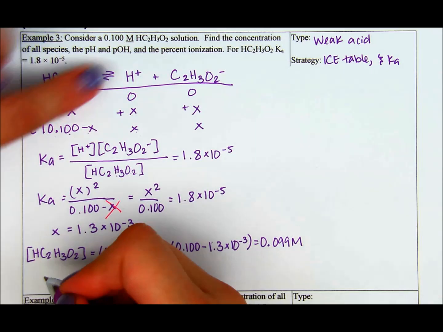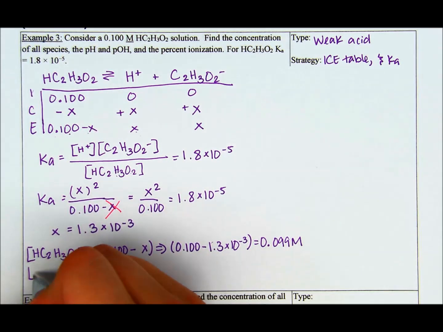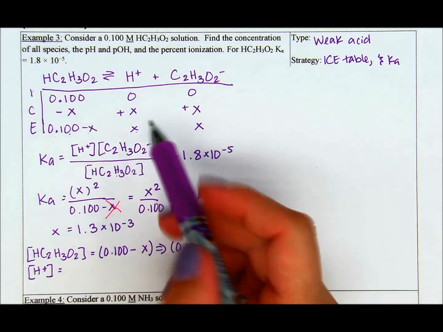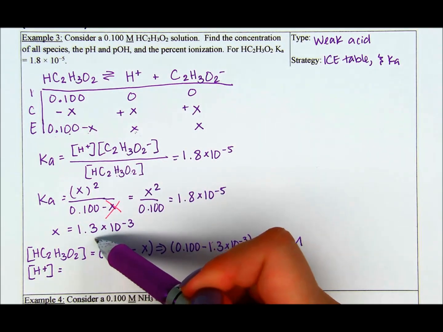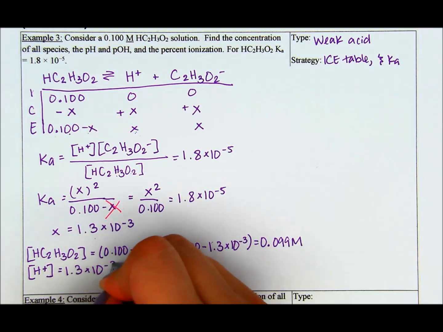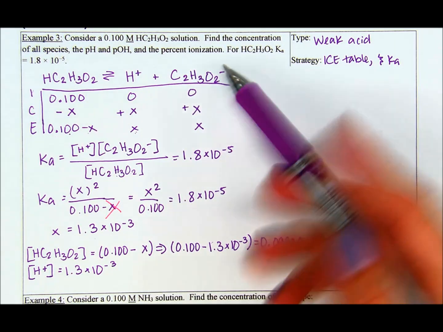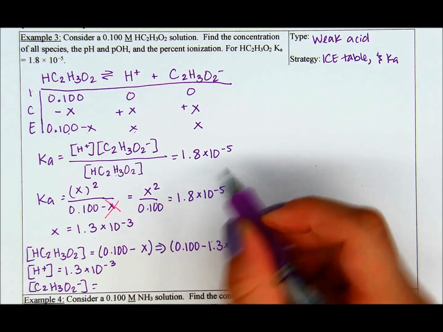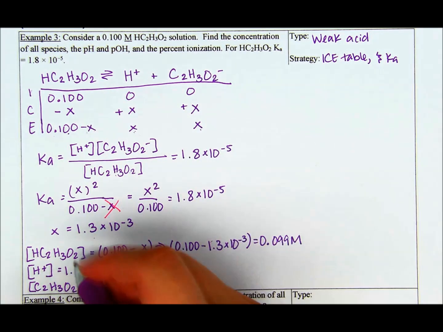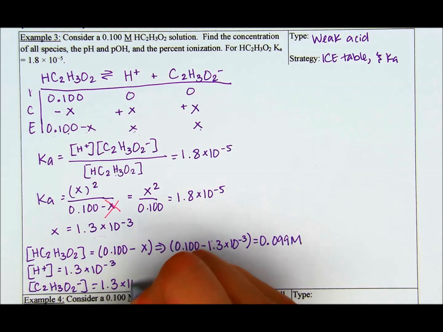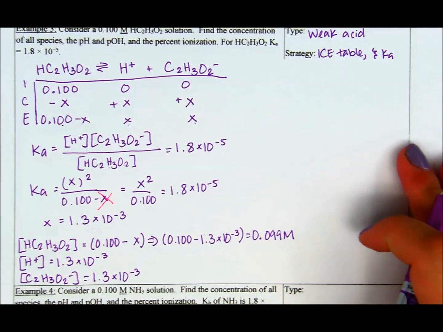Okay, next species, H plus. And our H plus is just x, which was 1.3 times 10 to the negative 3. Concentration of acetate equals x, so again, still 1.3 times 10 to the negative 3, because that was just x.